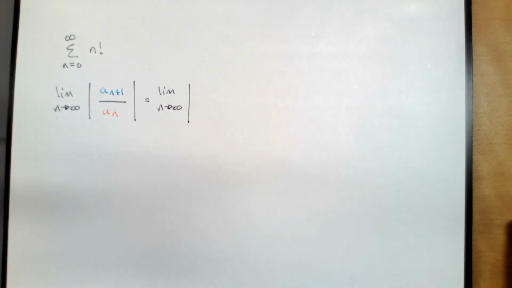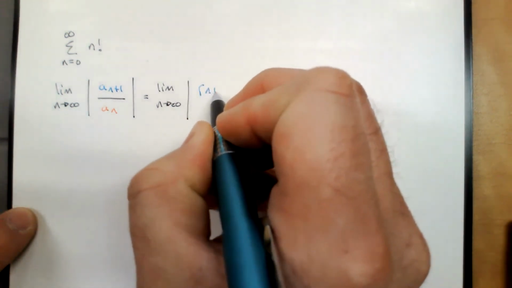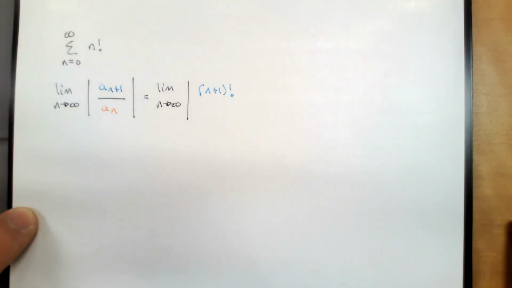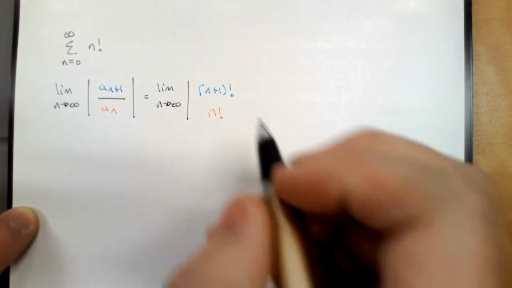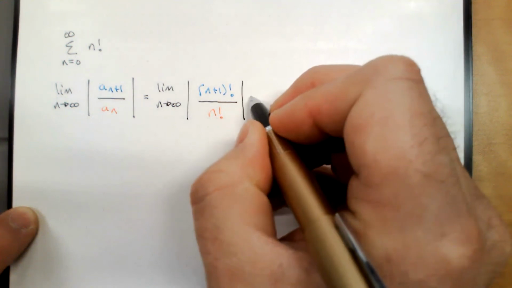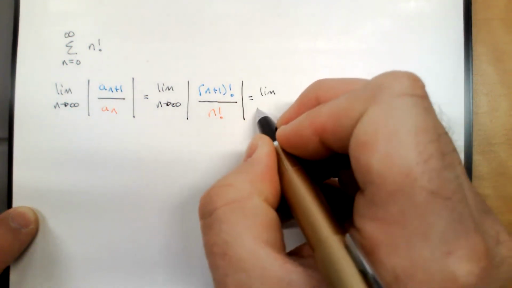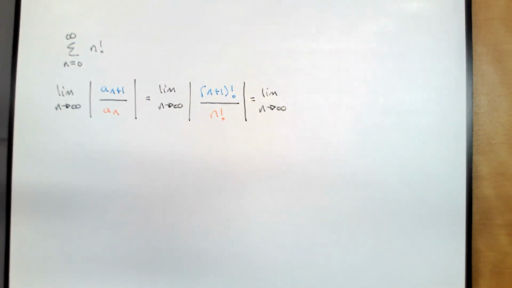So a_{n+1} is going to be n plus 1, then factorial. And a_n is just n factorial. Instead of using the recursive definition for n factorial, let's write down what n plus 1 factorial means.